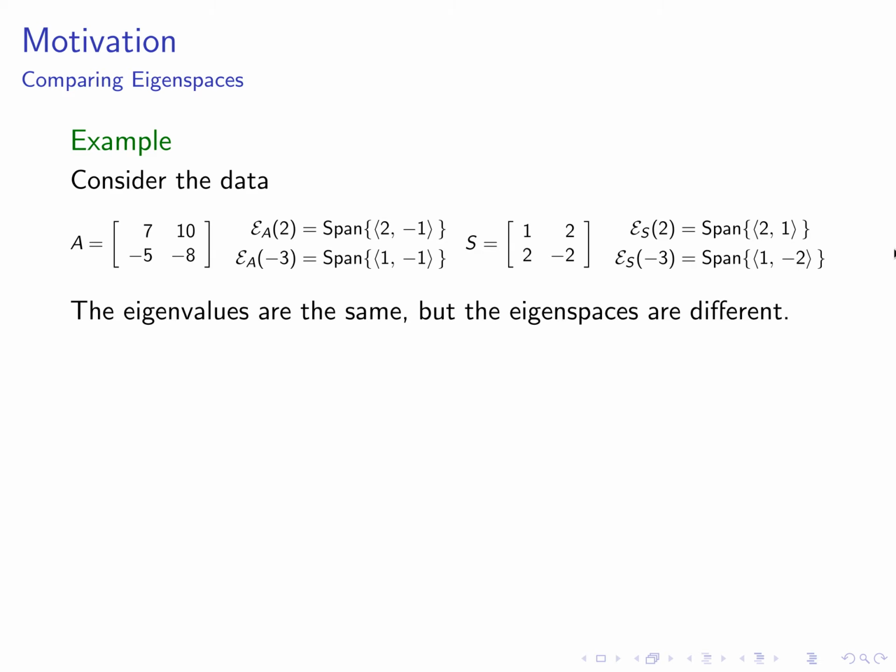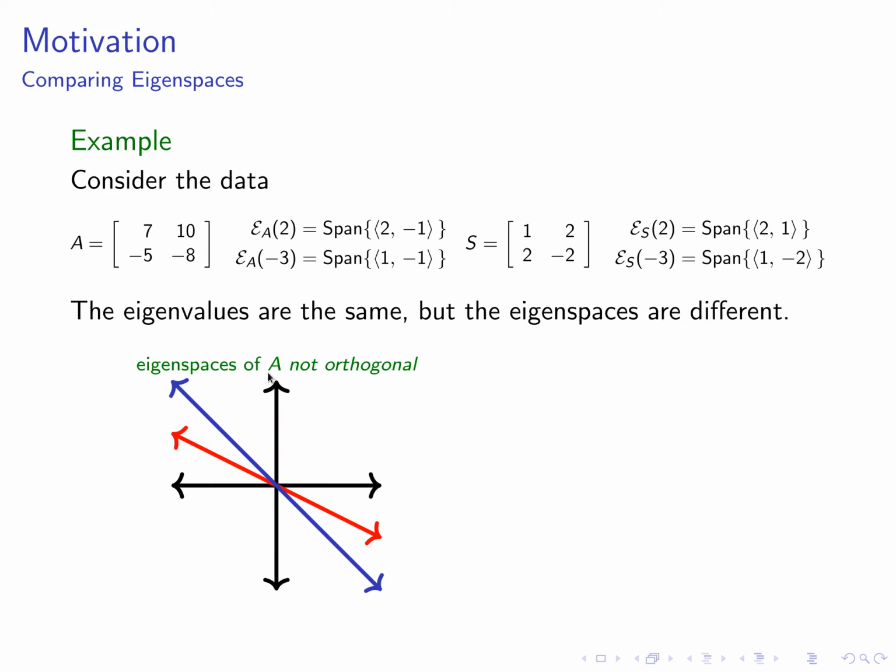I want to look a little bit closer at the eigenspaces. So here the eigenvalues are the same, but the eigenspaces are different. For A, the two eigenvectors we have as our bases are (2, -1) and (1, -1). If we were to plot the spans of those vectors, we would be looking at two different lines in space. One of these lines is spanned by (2, -1), which would be this line in red here.